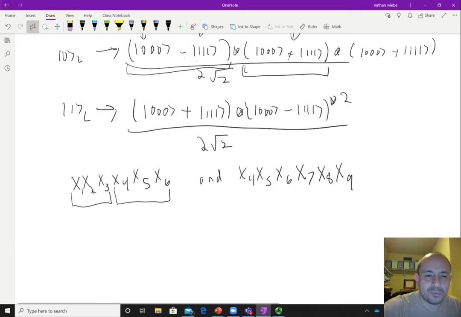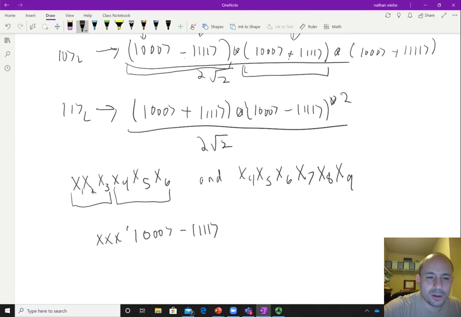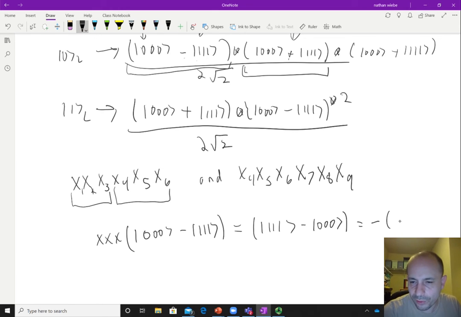So for example, if we end up applying XXX to 0,0,0 minus 1,1,1, then that's the same thing as 1,1,1 minus 0,0,0. And that's equal to minus 0,0,0 minus 1,1,1.